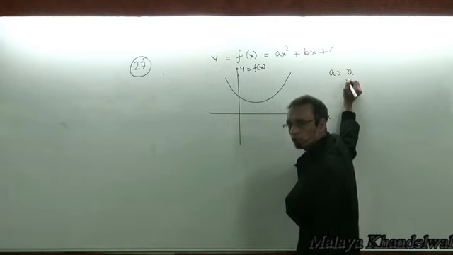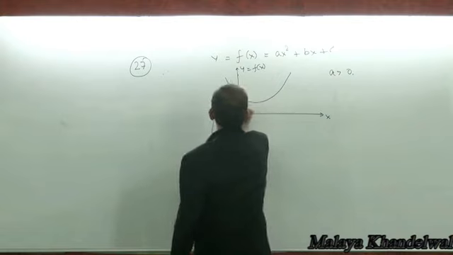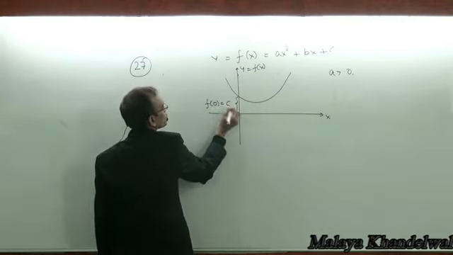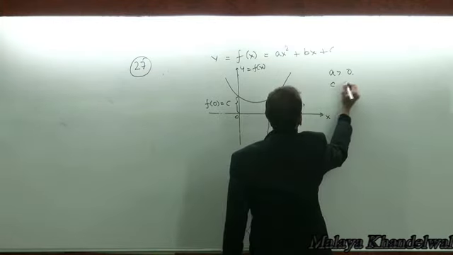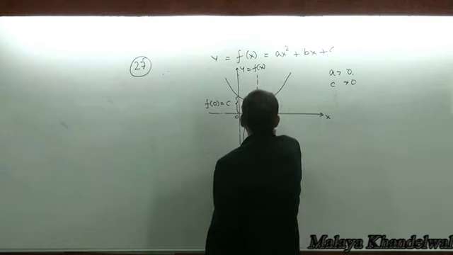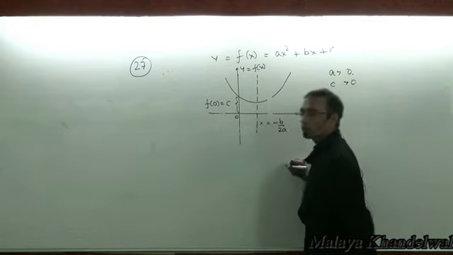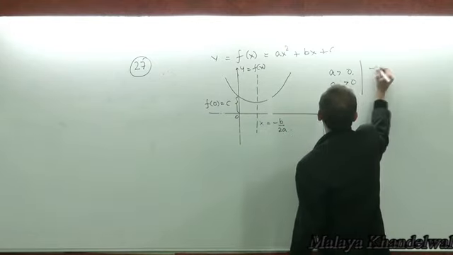Because it's an upward opening parabola. This is f(0), the value of the function at x equal to 0, which is C. Positive. C is positive. Now, the central line, as you can see from the diagram, is here. This is x equal to minus B by 2A. And it's positive. So, minus B by 2A is positive.